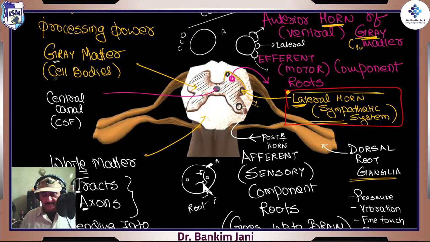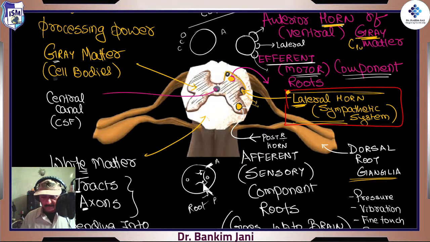So the processor is lying in the center. That's the anterior horn of gray matter. Similarly, there would be the posterior horn. That's the posterior horn. Now this anterior horn is carrying the efferent motor component.